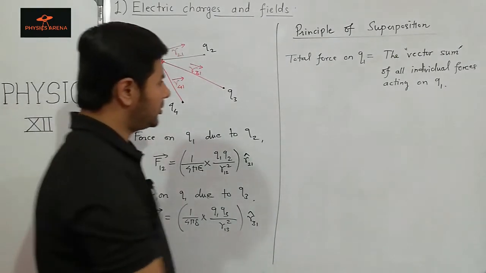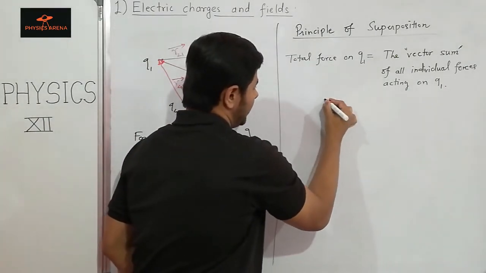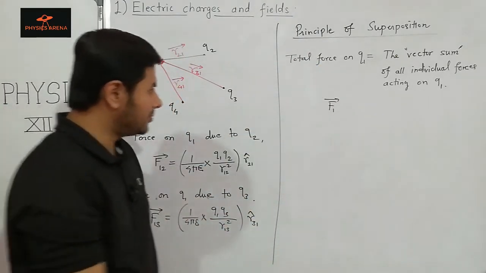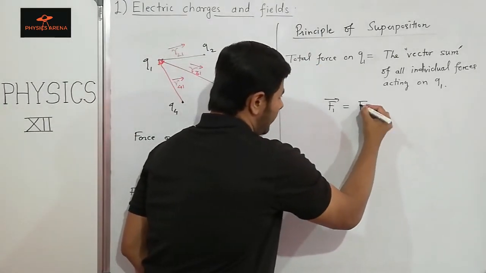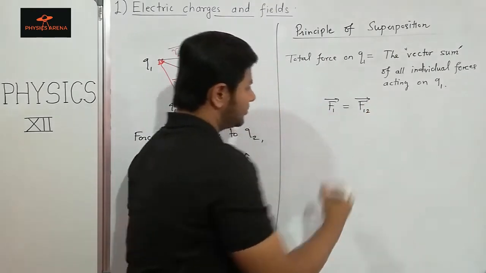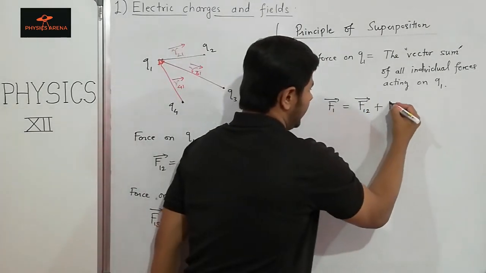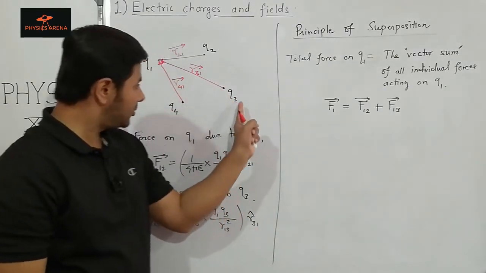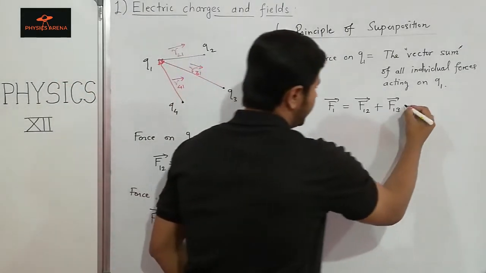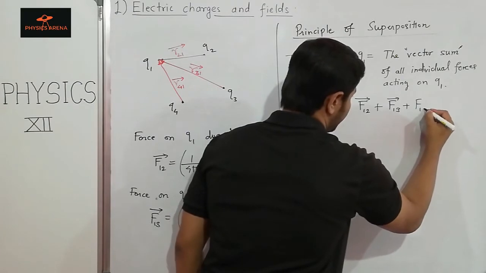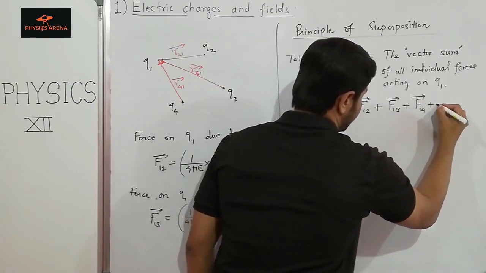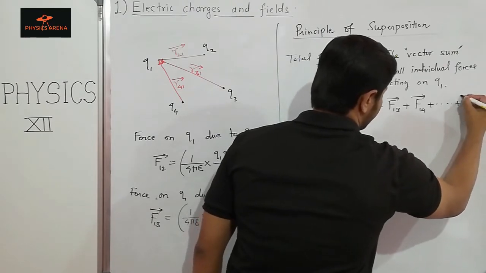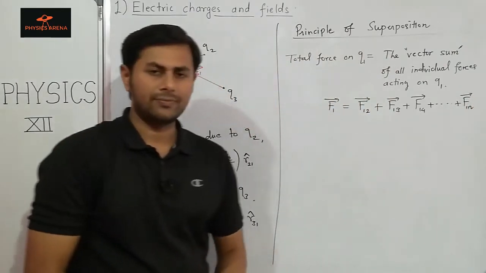So the total force on Q1, let's write it as F1. F1 is equal to force on 1 due to Q2 plus F13, the force on Q1 due to Q3, plus force on 1 due to Q4, plus so on up to the force on 1 due to the nth charge.